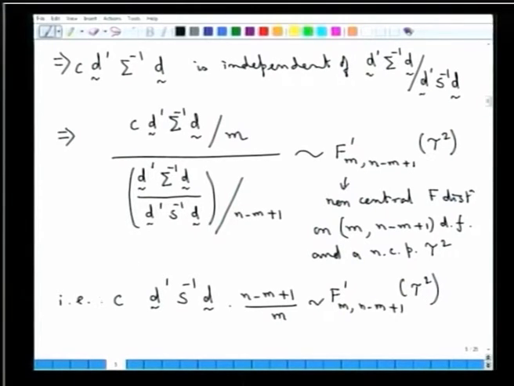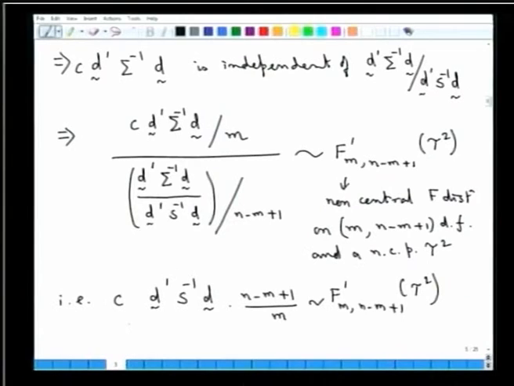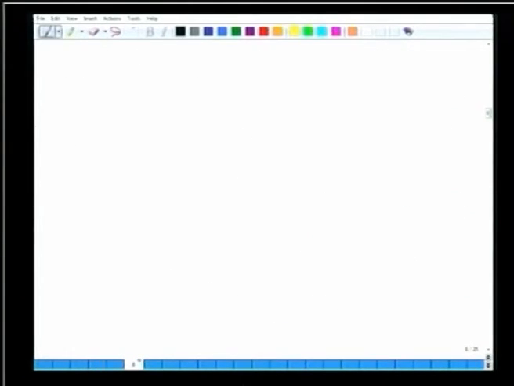Now it's easy to see the relationship between this statistic and the T-square statistic. We had defined the T-square statistic as c times n, where n was the degrees of freedom of the associated Wishart distribution. So c times n d prime s inverse d. Let me go back to that particular definition. T square was defined as c n d prime s inverse d, and hence if we have obtained the distribution of this quantity, we have obtained the distribution of T square.